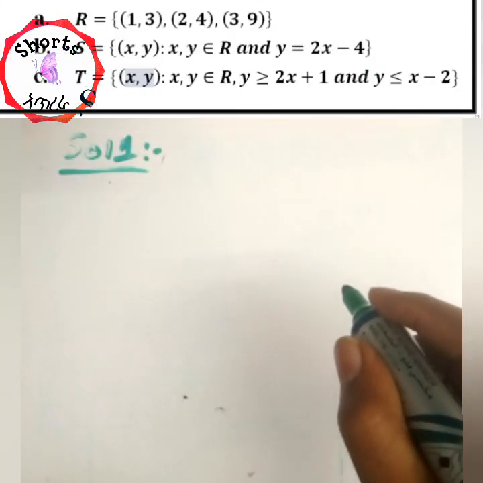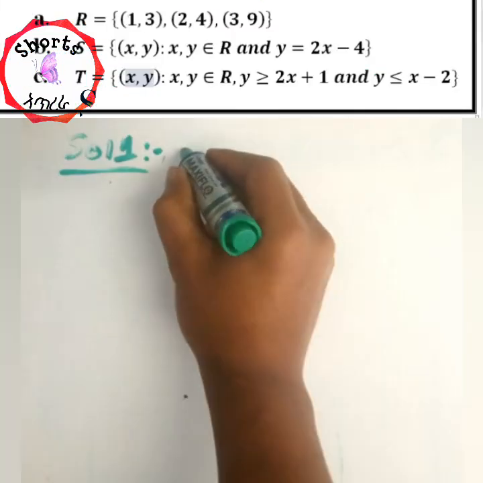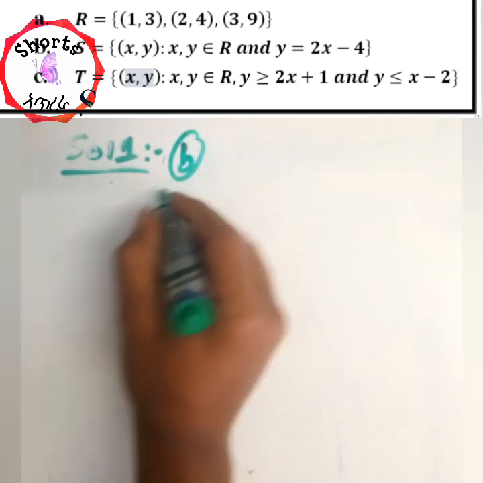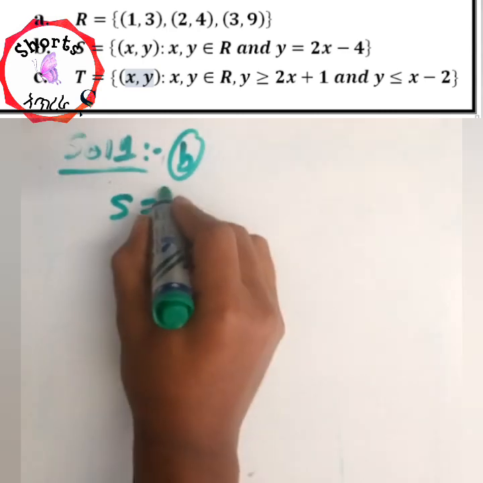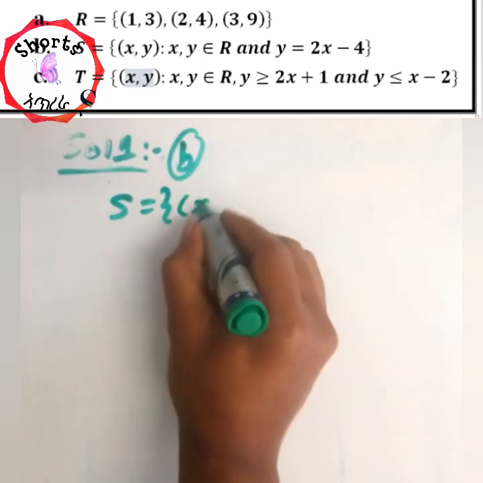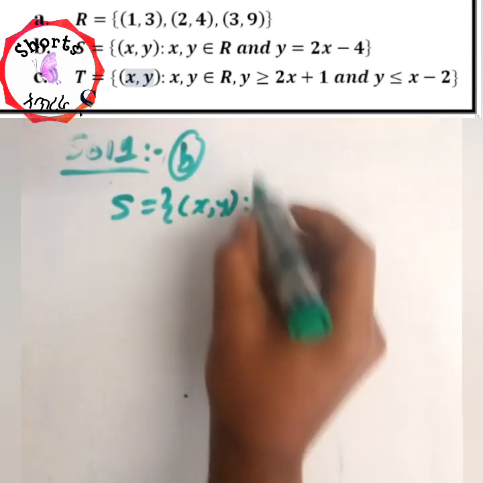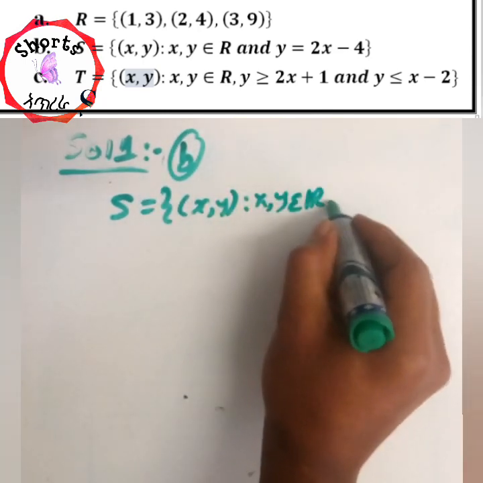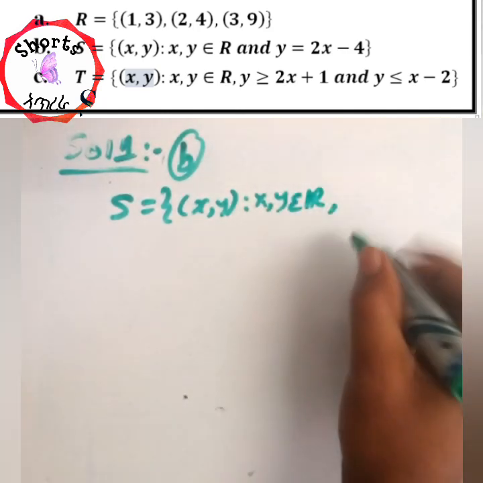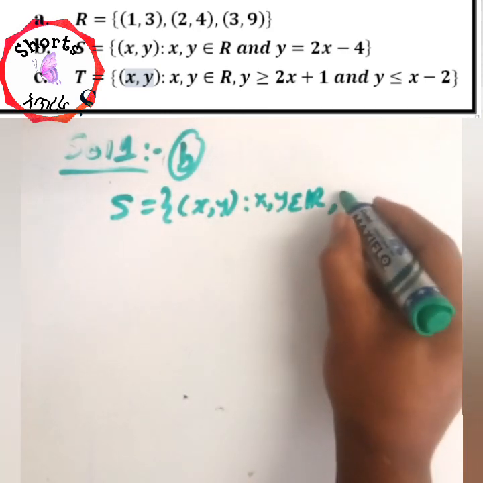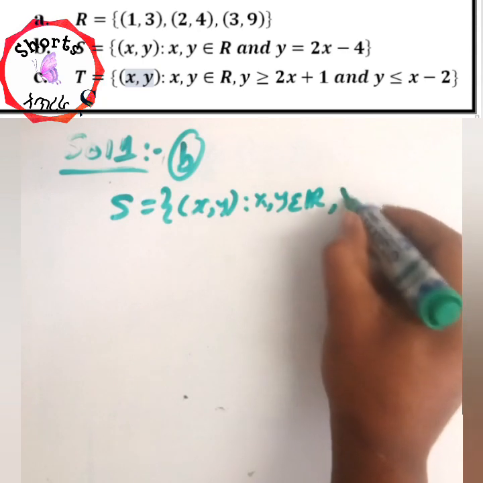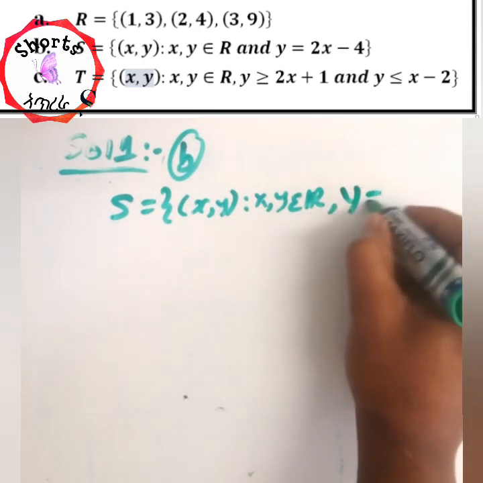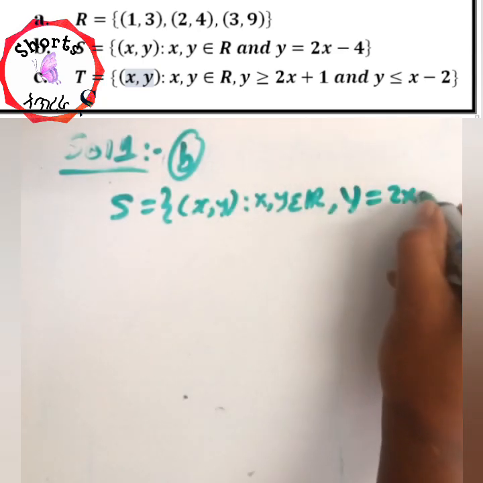With the second question, B, given a relation S, the relation S is defined as the set of (x, y) such that x and y are elements of real numbers, and y is equal to 2x minus 4.